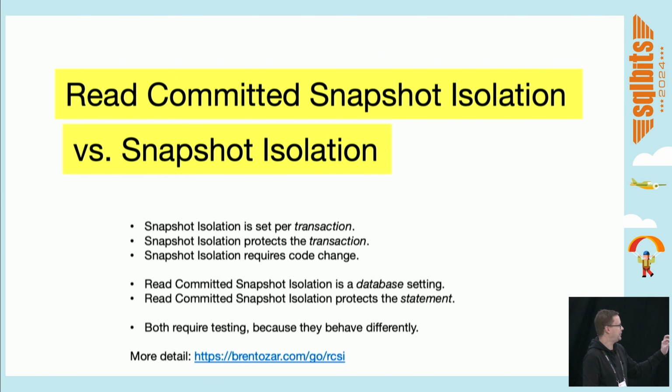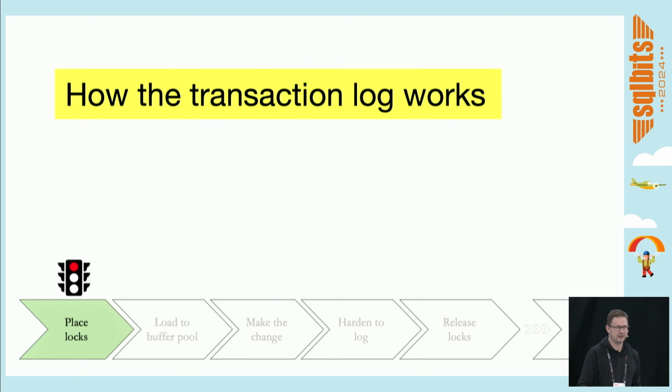They behave very similarly, but there are some differences. Snapshot isolation, you set, and it protects the transaction, whereas read committed snapshot isolation, like read committed, protects every statement by itself, right? Again, I'm running a little late, so I'm going to speed things up. That's basically what I have on isolation levels. I'm going to touch on durability really, really quickly.